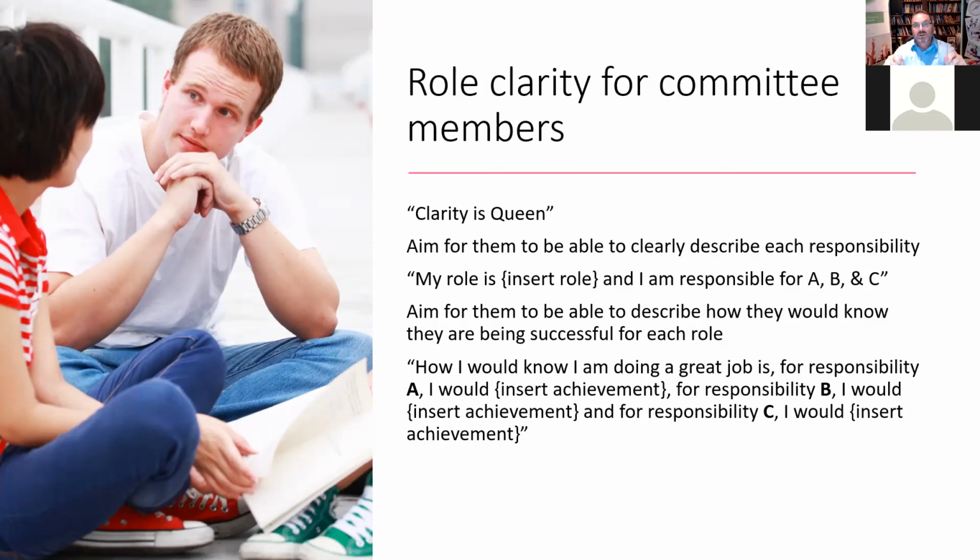What's the quantitative or qualitative measure? For responsibility B, if there is one, I would insert the achievement. For responsibility C, I would insert the achievement. That level of clarity absolutely helps everyone get the job done to a high level. Remember, we don't want to have those key responsibilities and the measures just at a pass level. We want to say, if I was doing a great job, what it would look like.